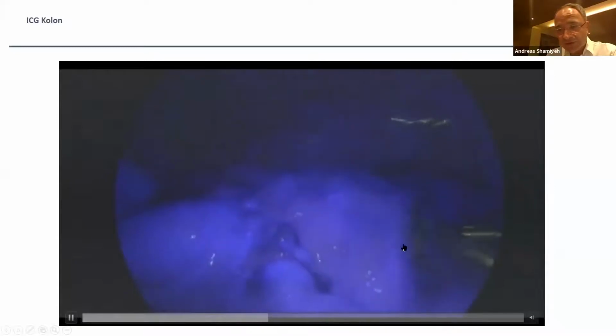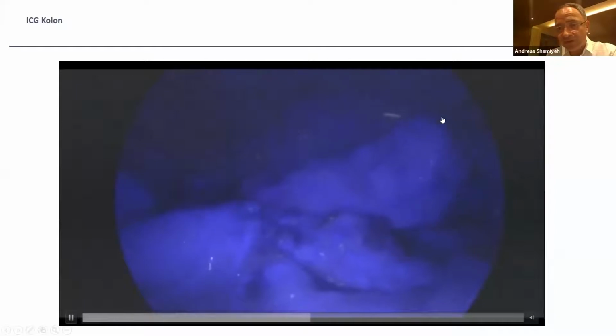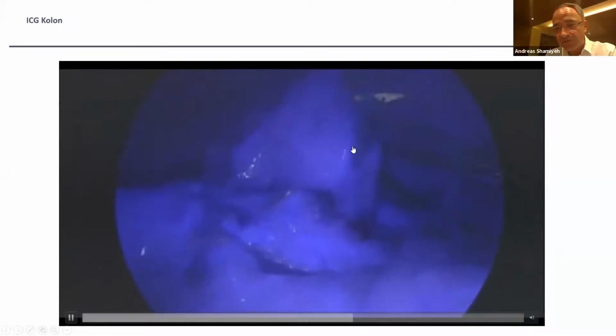On the next slide, you can see intraoperatively where we have the anvil already put inside, and first you can see the iliac vessels coming here, and then it comes to the descending colon, and you have to check that everything where the anvil is has good blood supply. We did it just before, for demonstration.